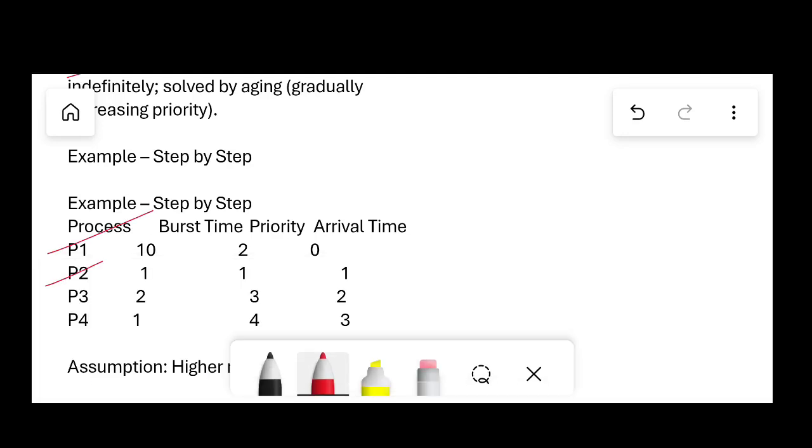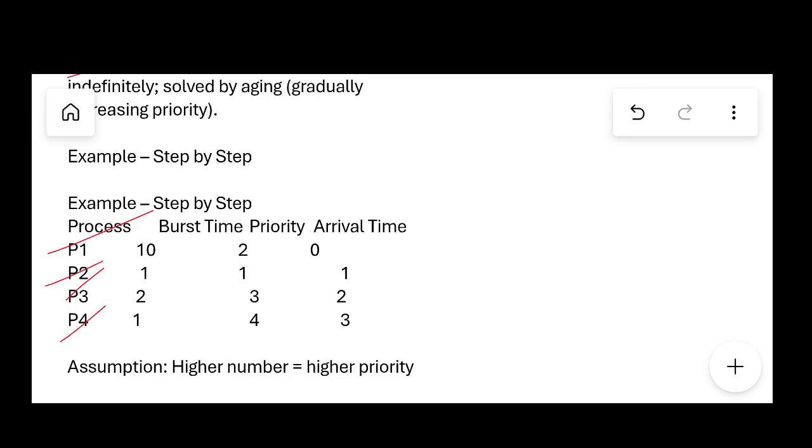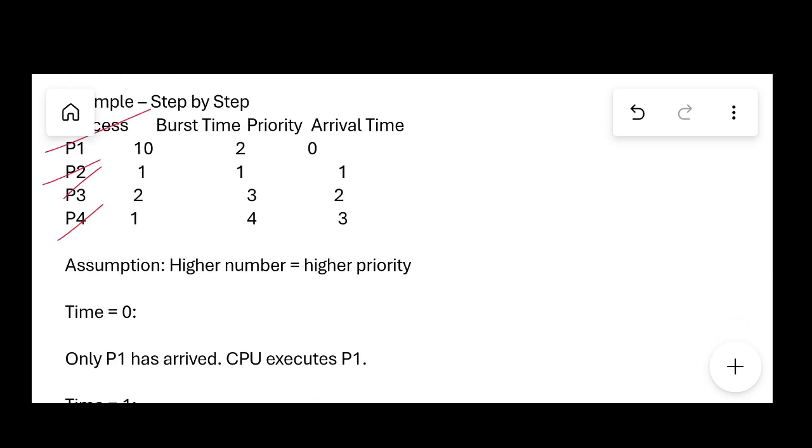Then P2: burst time 1, priority 1, arrival 1. Then P3: burst time 2, priority 3, arrival 2. Then P4: burst time 1, priority 4, arrival 3. We are assuming higher number equals higher priority.